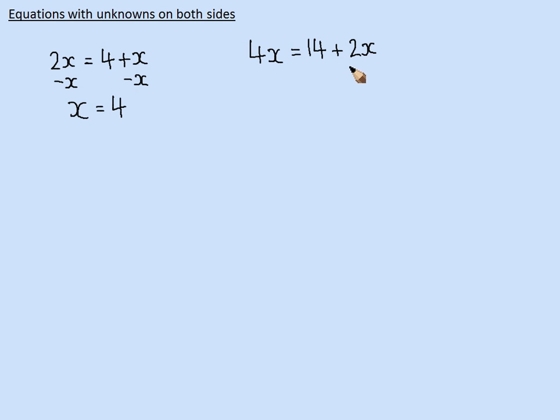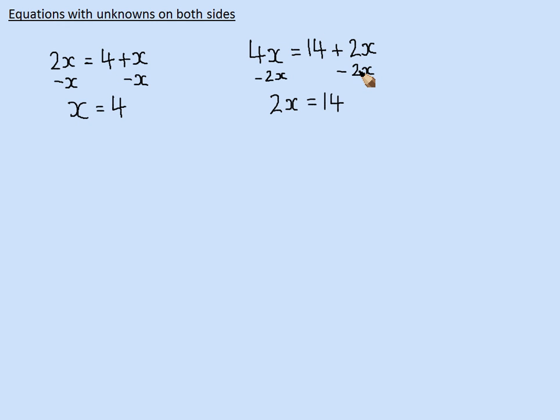That means this plus 2x that's on the right hand side has got to move. The opposite of adding 2x is taking away 2x. And because it's an equal sign in the middle, because this side is exactly the same as this side, we have to make sure we do exactly the same to the other side to keep the equation balanced. 4x take away 2x gives me 2x, and this is equal to 14.